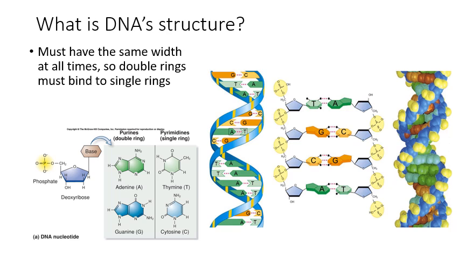So let's fill this chart out. So what's T and then A. So it has one ring and two hydrogen bonds is which one? T. And then A is 2, 2. Does everyone see how we're doing this?